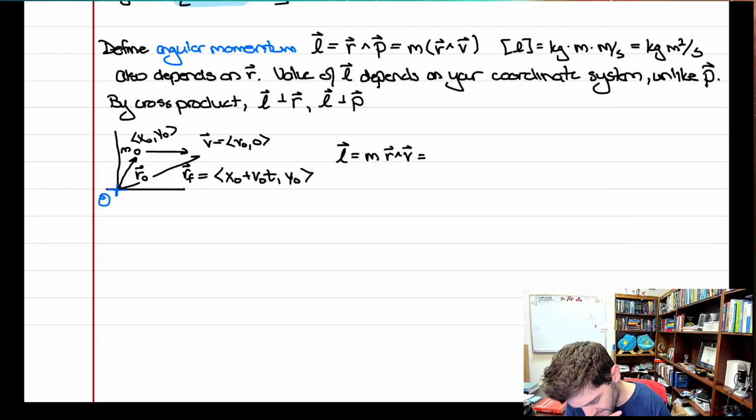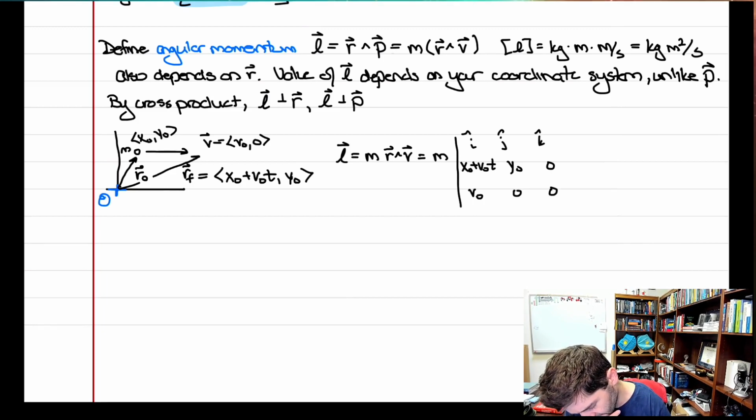I know how to take cross products, right? There's m, and then the cross product is this determinant thing. r looks like it's x naught plus v naught t, y naught, 0, and then v is v naught, 0, 0.